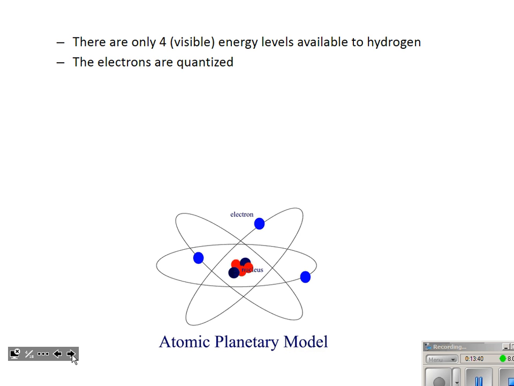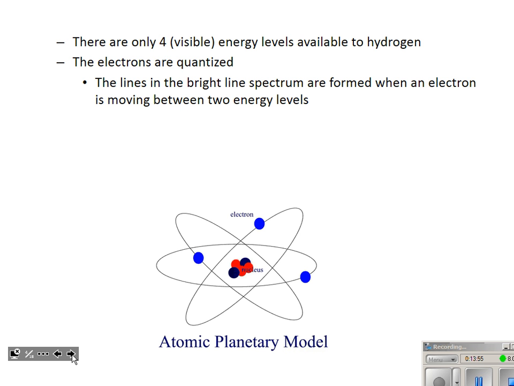I think your book uses a stair-step analogy where, if you're going up or down the stairs, there's nothing in the middle of the stairs. You can't have a half step, right? You either take the step of the stair or you don't. And Bohr said that the lines from the spectrum are formed when an electron is moving between 2 of these energy levels.